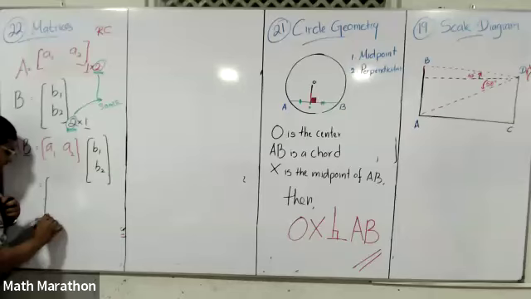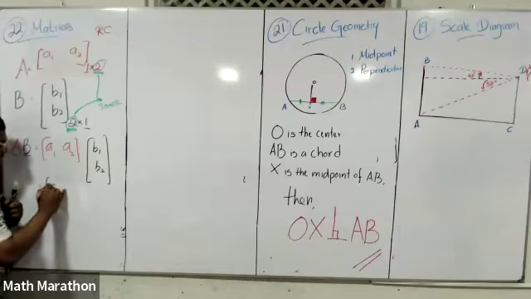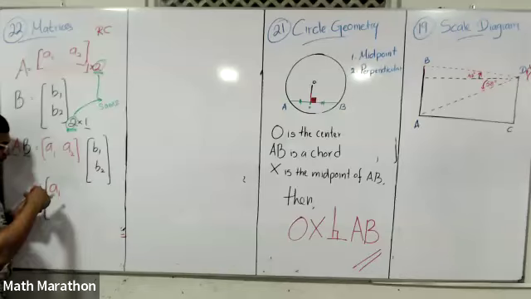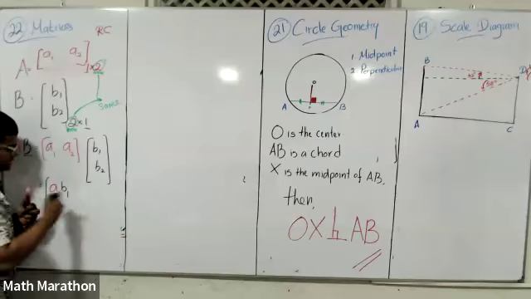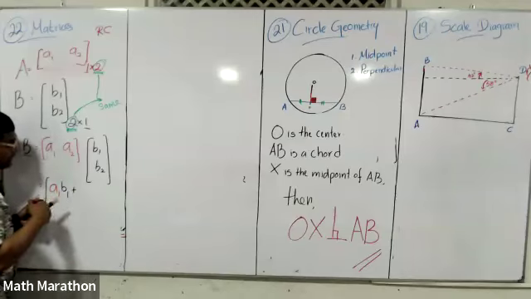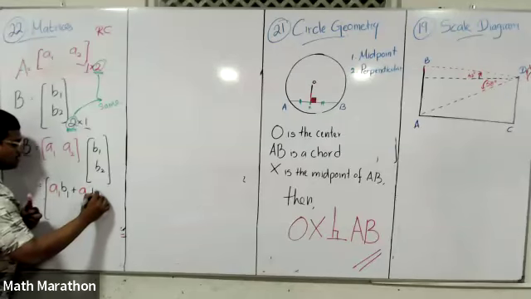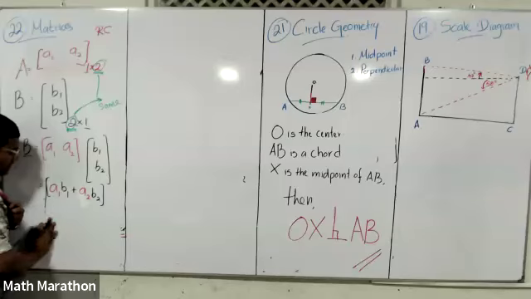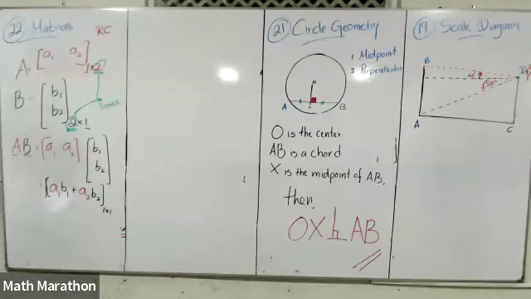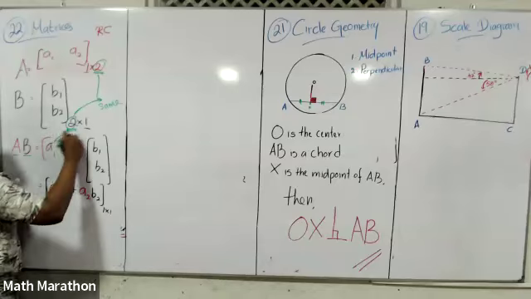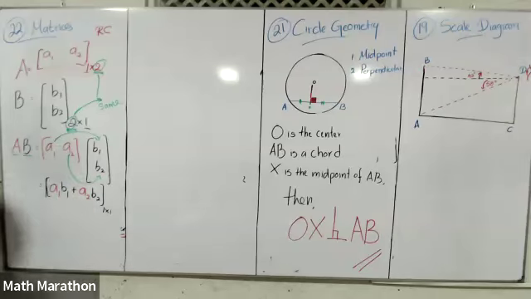So the answer we get is A1 multiplied by B1 plus A2 multiplied by B2. So if you add this, you will get only 1. That's why it's 1 by 1. Multiplication is done like this. A1 into B1, A2 into B2.